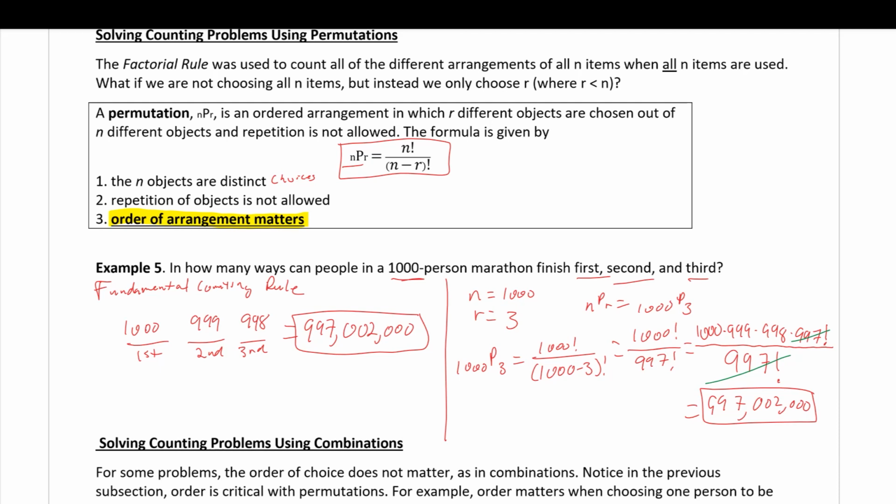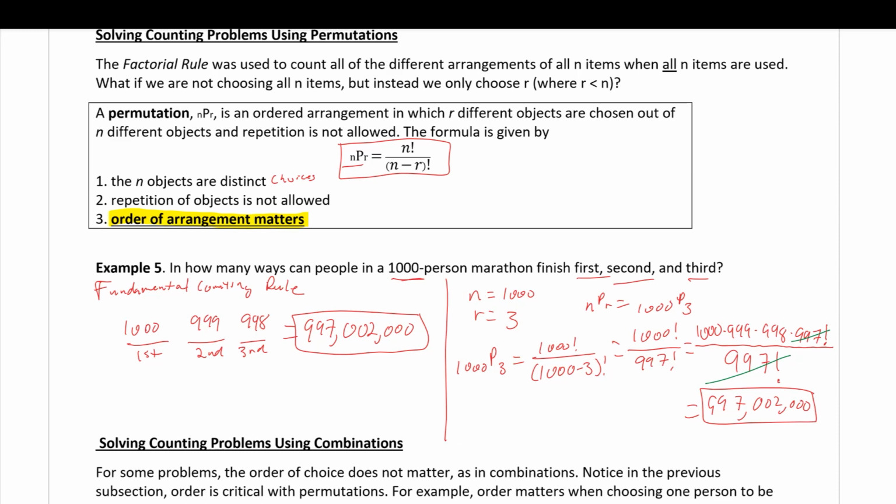But what if we were interested in the first 10 or first 25? We would actually have to write 25 little slots, because you need a slot for each decision. So it can kind of get tedious. And if you have a formula for something like this, well, this can also be pretty tedious if you were to do it by hand. But the nice thing about a formula is that you can get a calculator to do this for you.